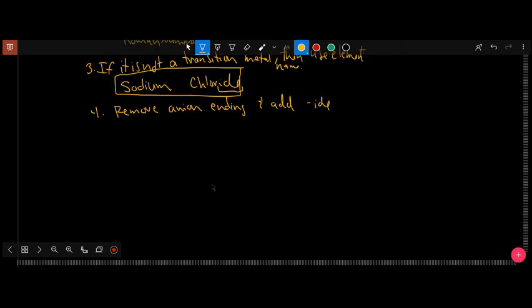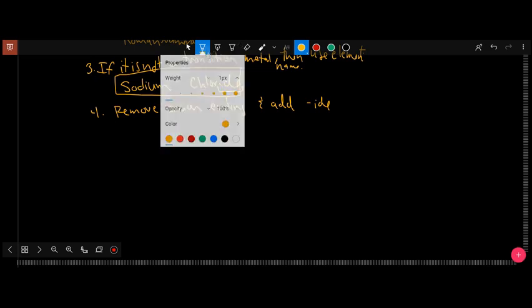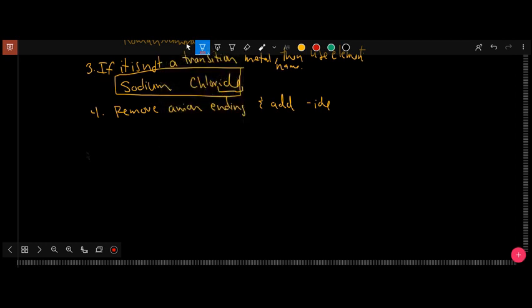Now let's try think of one that would require a Roman numeral quick, so we can go back and forth. All right, so I need a brighter color so you can see better. Let's say that we have manganese, and it has bonded with fluoride, and it took 2 fluorides for this compound to form.